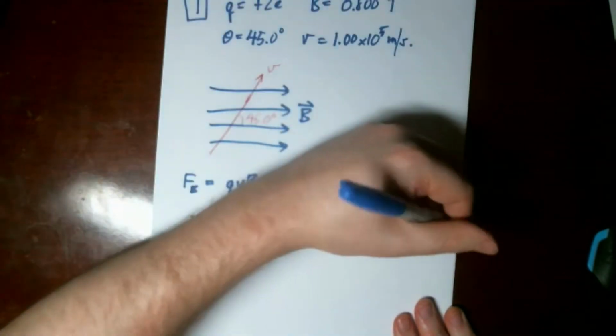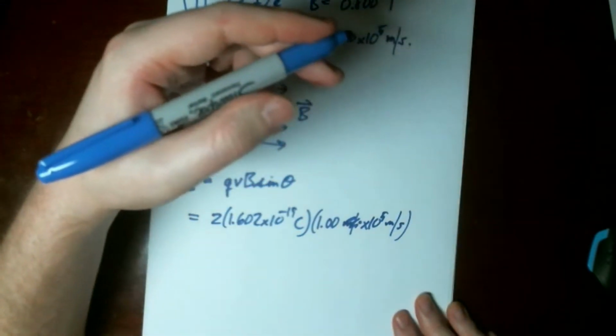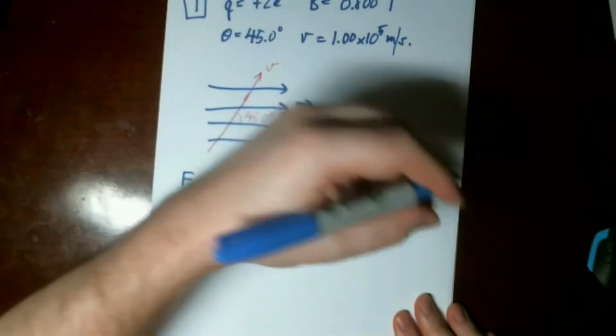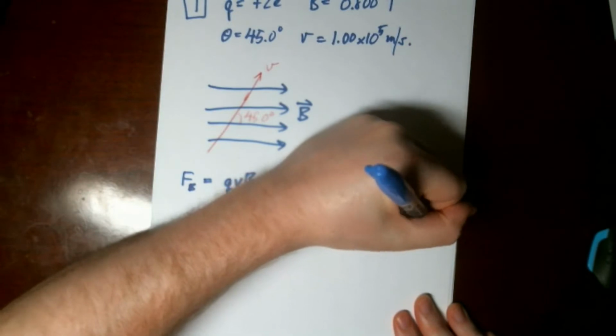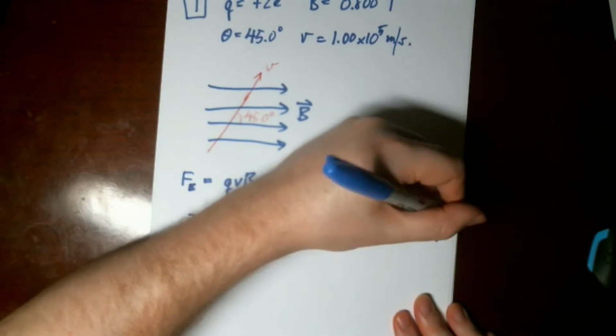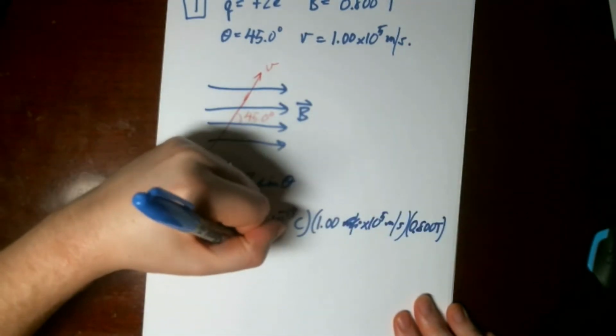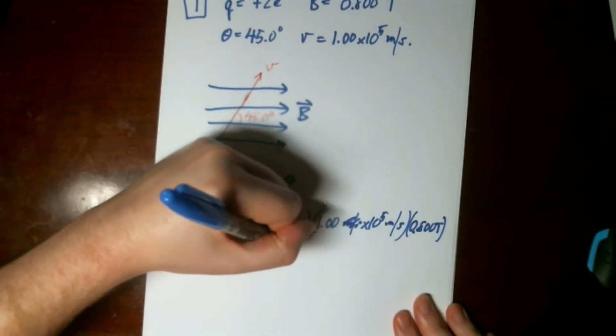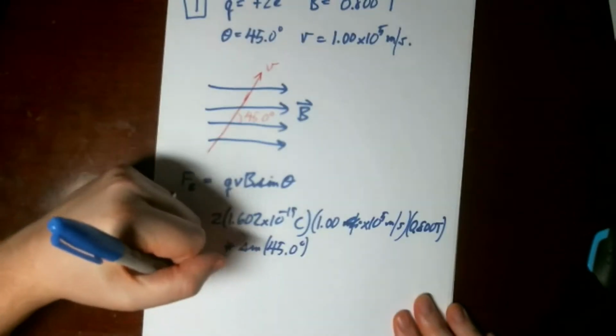We have our magnetic field. I see I've screwed up in terms of space. Try and squish that in. Times the sine of 45 degrees.